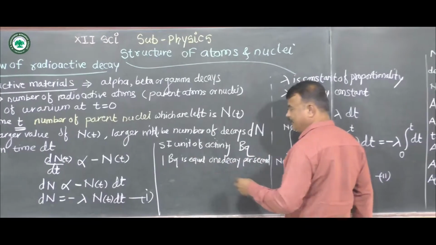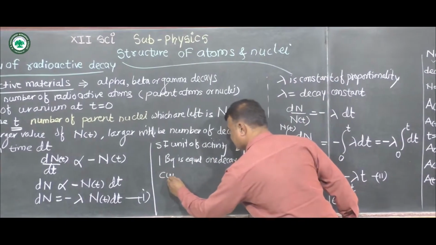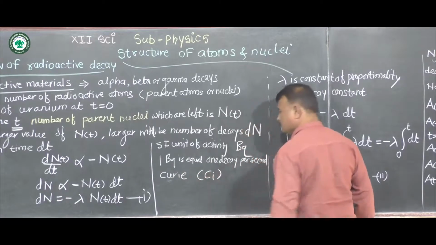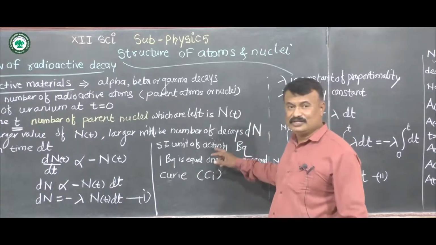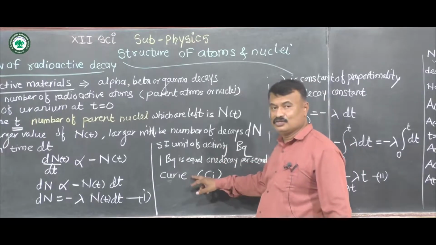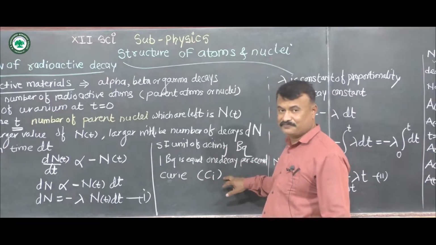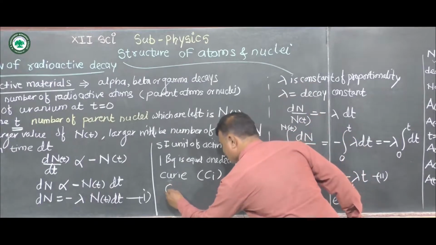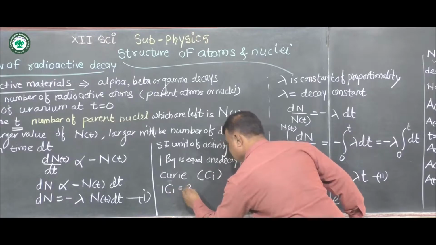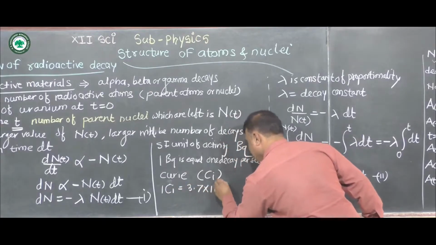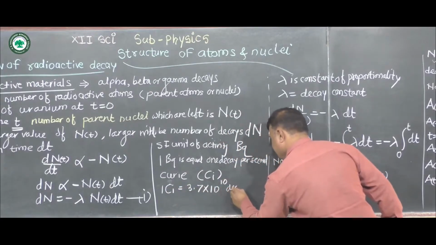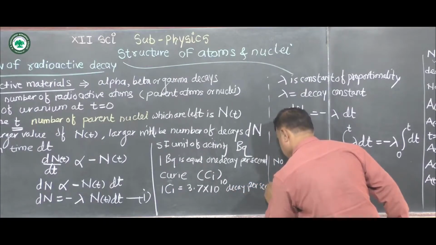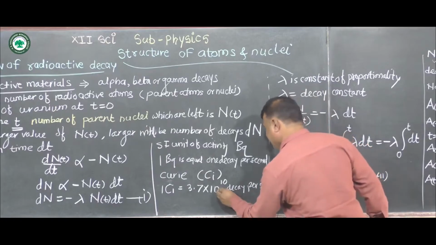Another unit of activity is Curie. In short we write Ci. Ci means Curie. Now this is the relation of Curie: 1 Ci is equal to 3.7 into 10 raised to 10 decays per second.